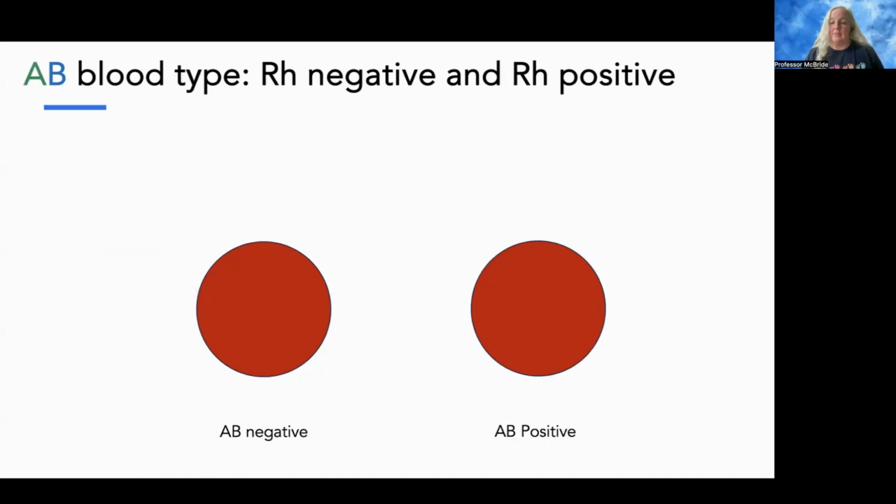For AB, same scenario, but now we have A antigens and we have B antigens for AB blood type. So both antigens are on the red blood cell. If there is not the Rh factor, it's Rh negative. And then if you have A antigens, B antigens, and the Rh factor, they are AB positive.